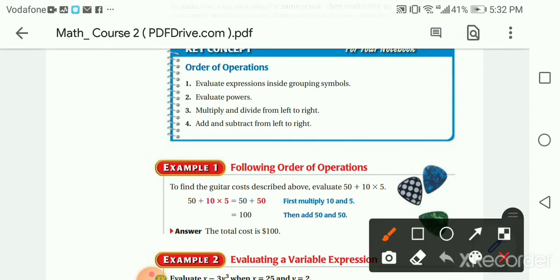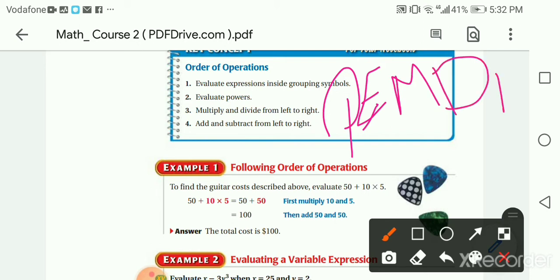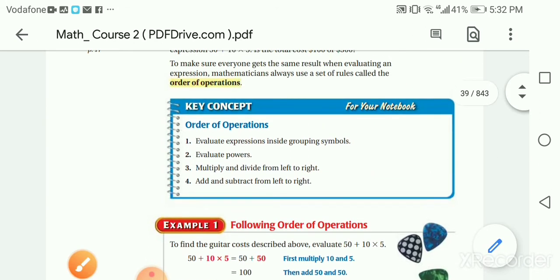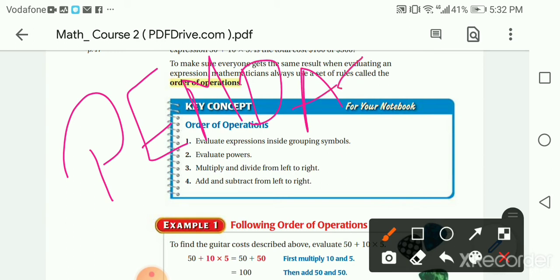I'll tell you something simpler. I have PEMDAS. This is very important. Again, PEMDAS. Here I write it again with nice handwriting. What's PEMDAS, miss?